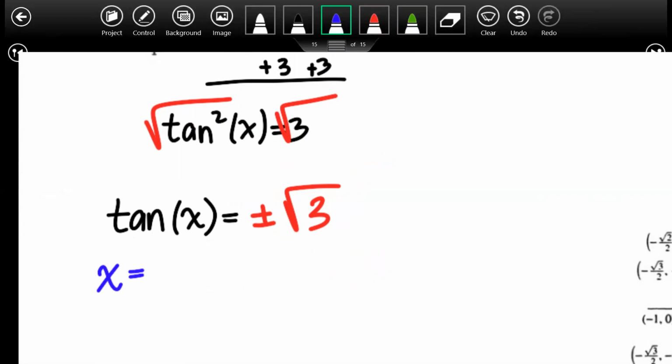How about that? Pi over 3 is another one. What about the negative ones?